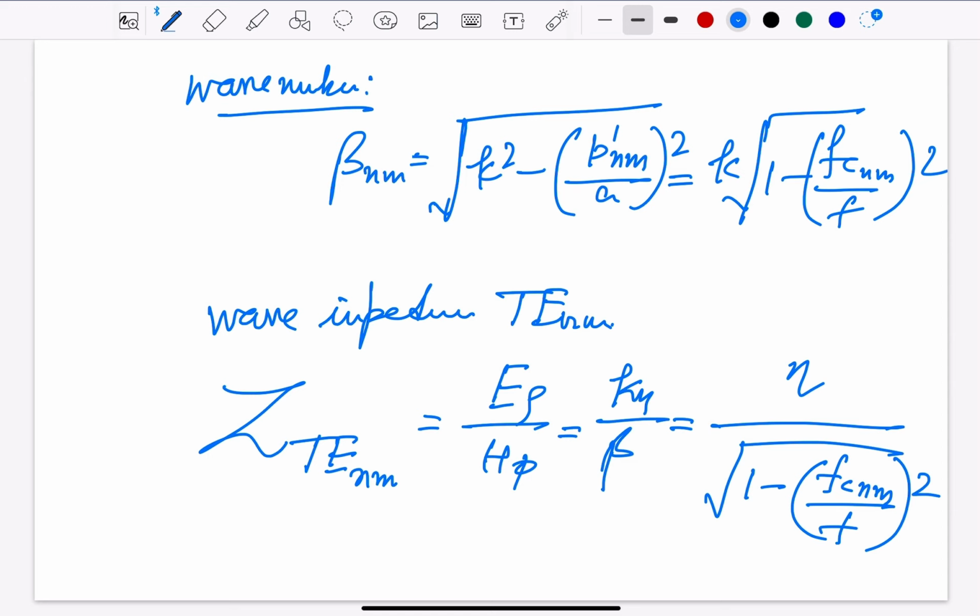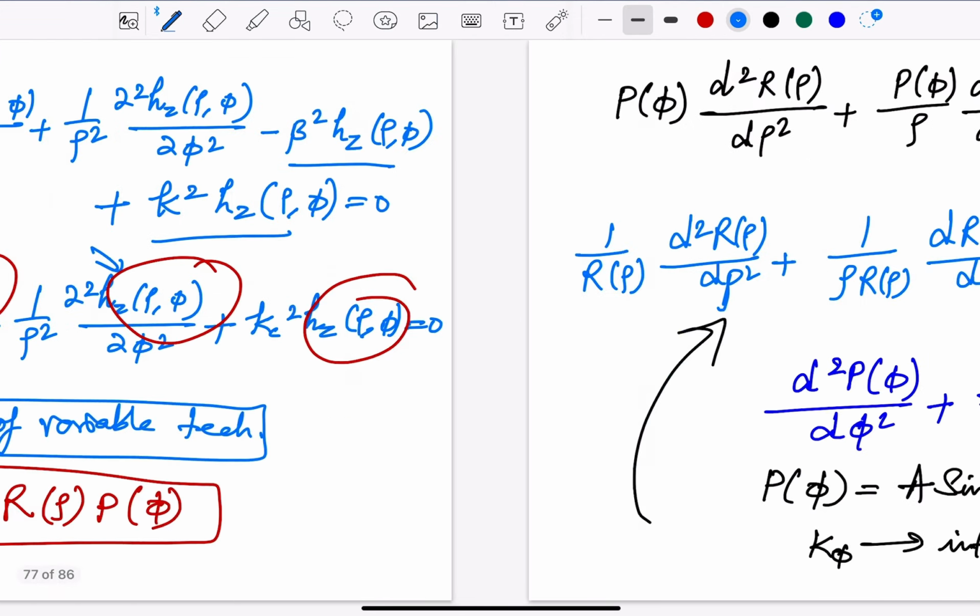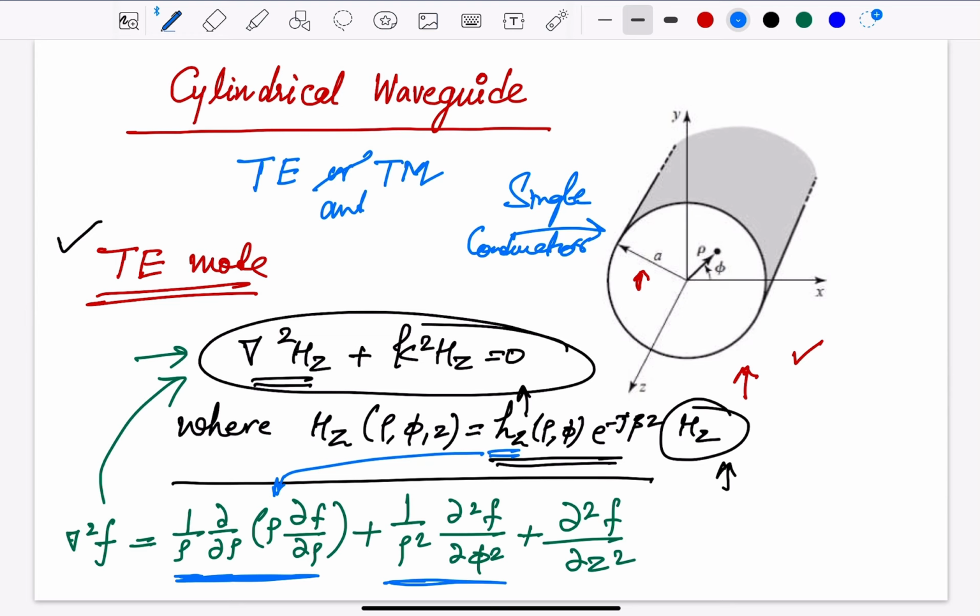Okay, so this is all about the TE nm mode for the cylindrical waveguide system. Let us check all the things once again. How did we start? We started with the cylindrical waveguide for the TE mode, where del square HC plus k square HC must be satisfied, where HC is a longitudinal component multiplied with e to the power j beta z.